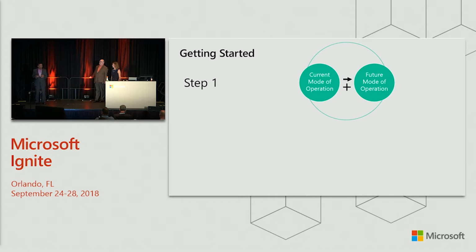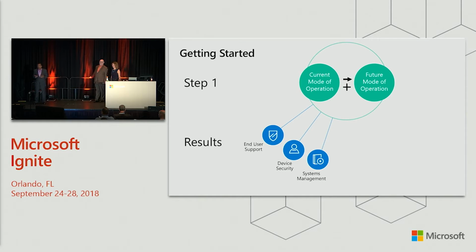So that's what we try to encourage and inspire our customer to adopt, which is why we looked at how they're doing the help desk currently, how they're doing systems management currently, imaging, deployment.